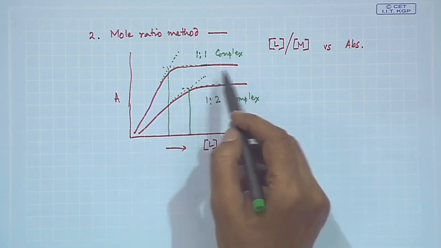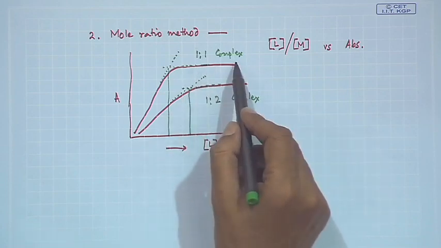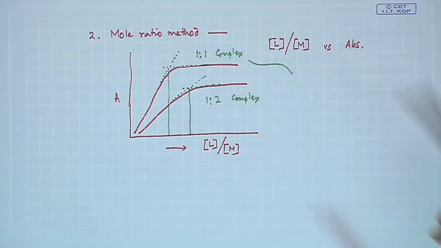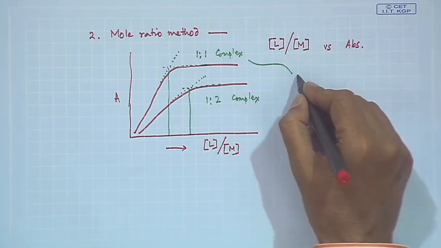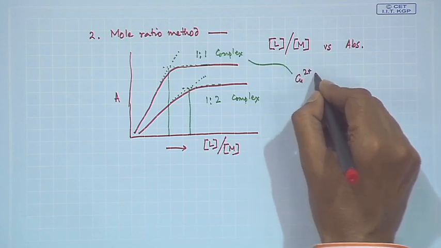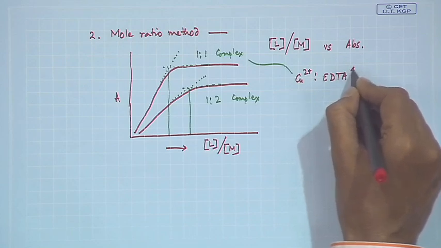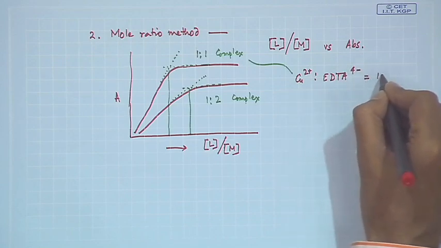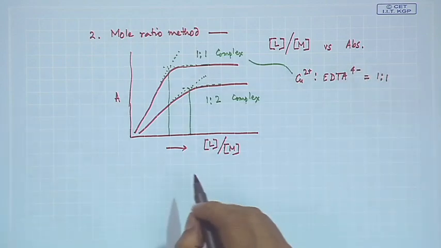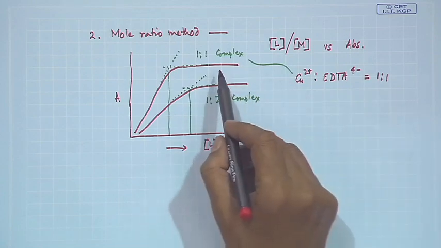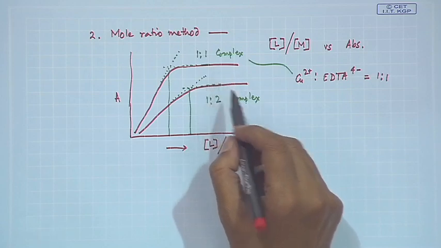But in two other cases where the complexation is 1:1, like that of our EDTA, as we have seen just now for copper or bismuth, copper 2 plus to EDTA 4 minus will be 1:1. So that 1:1 ratio is useful there and can be found out through this particular technique.